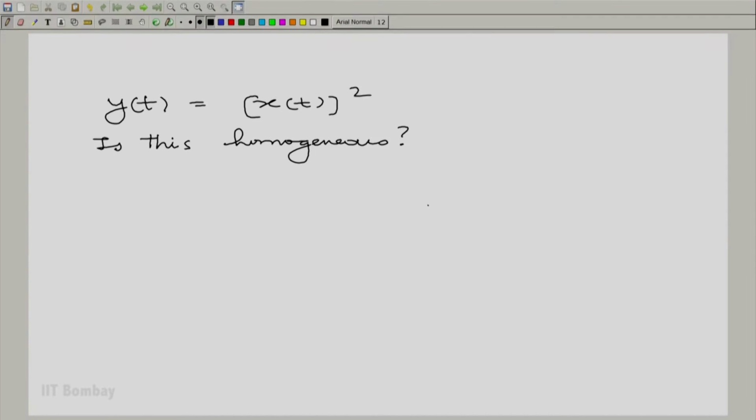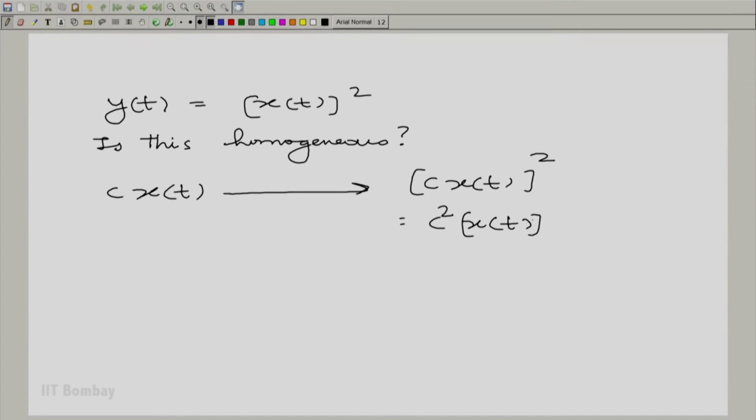So, let us look at the first example that we took there. y of t is x of t squared. Is this homogeneous, or does this obey homogeneity? Let us ask. Multiply x of t by a constant c. So, let us input c times x of t to the system. Clearly, the output is going to be c x of t the whole squared, which is c squared x of t the whole squared.